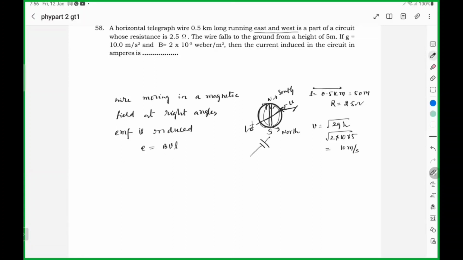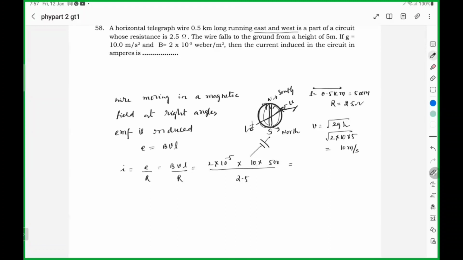He is asking for the current induced, which is E by R. So B here is given, velocity is 10, length is 500, divided by resistance 2.5.